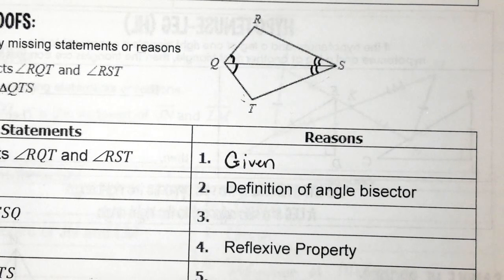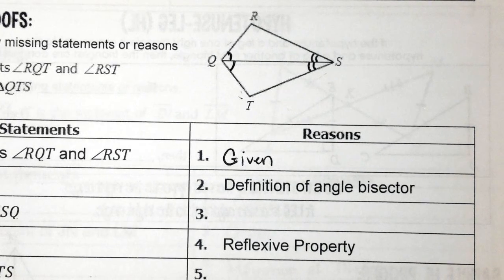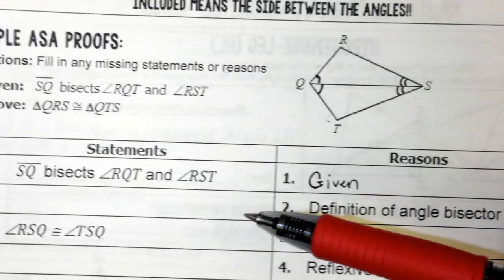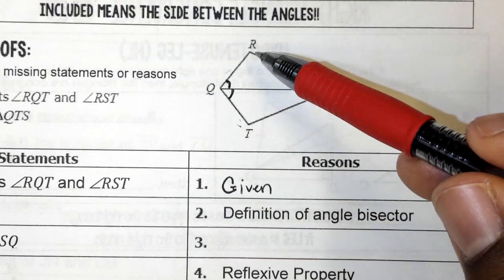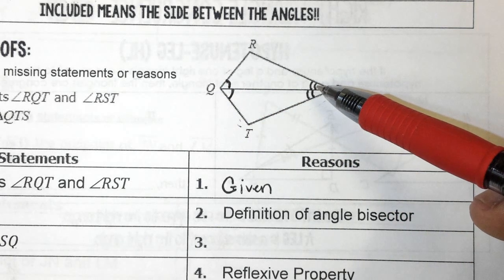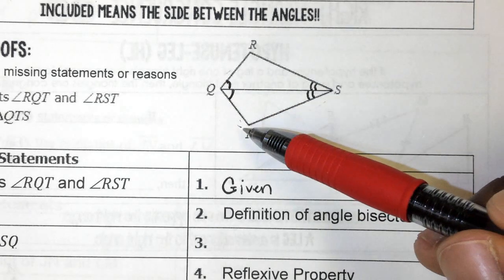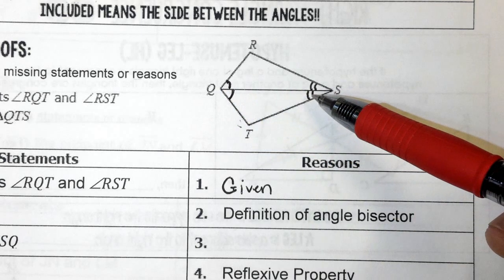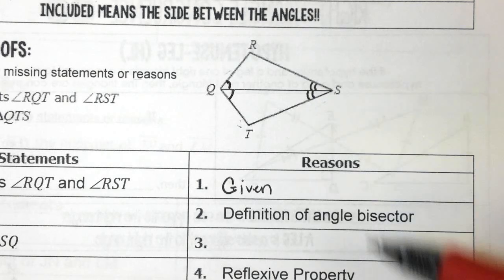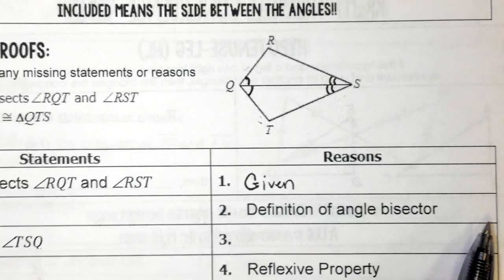Let me show y'all those angles. I know some of y'all don't see. Y'all probably staring at the paper. Read the angle. The middle letter is where the angle actually is. RSQ. The small angle that we mark right here is RSQ. And then TSQ. The one on the bottom is the one that we marked TSQ. Pay attention. These two angles right here we marked because they told us SQ was a bisector.